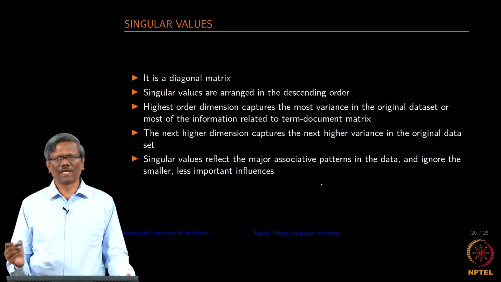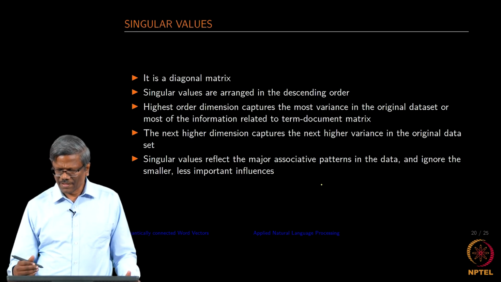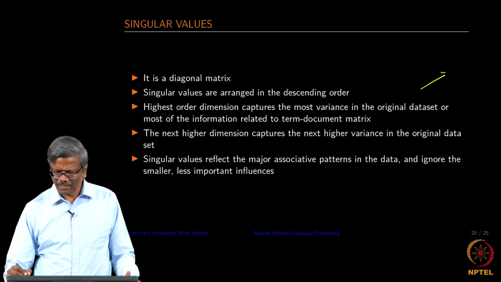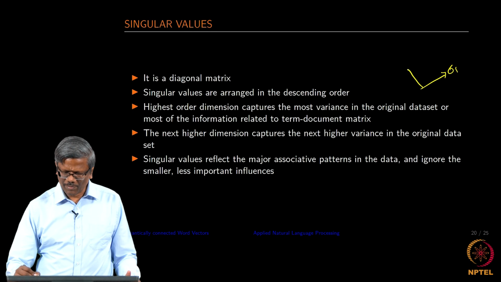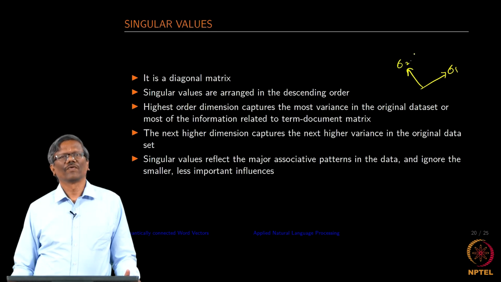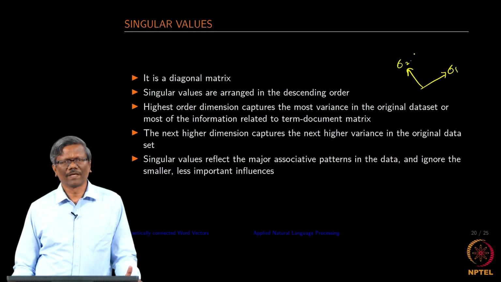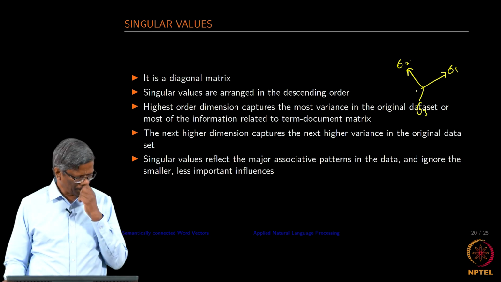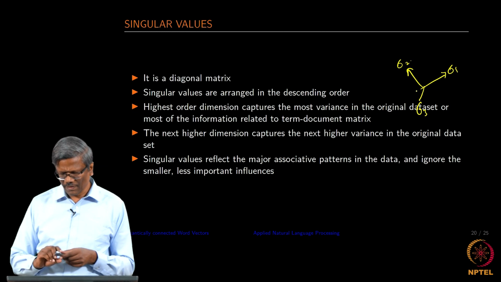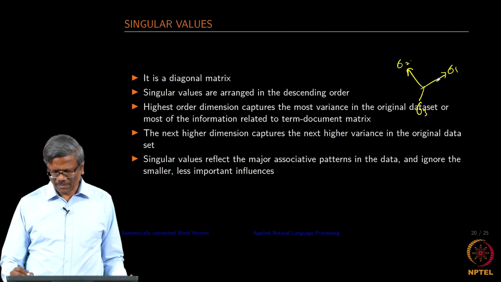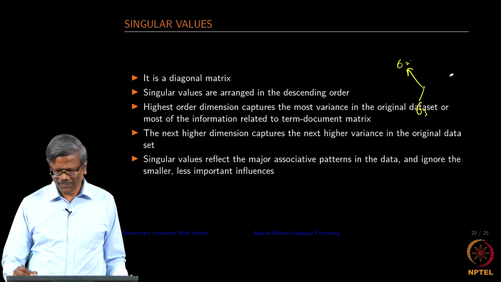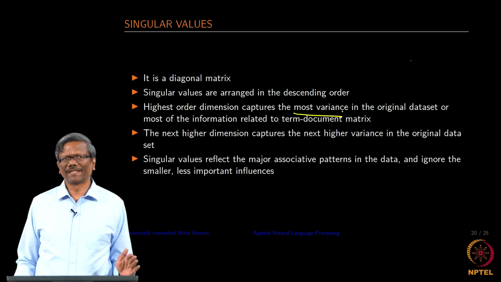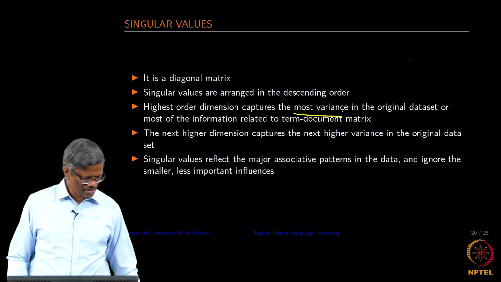If I consider only one element of that, sigma 1 would be here, sigma 2 would be here, and the same way sigma 3 and so on. So, it is a very crude representation of how you would like to visualize these sigma terms. We need to really take an example and showcase this.